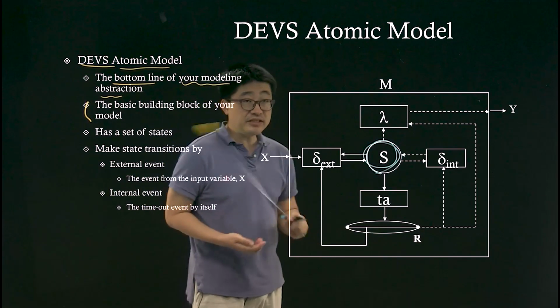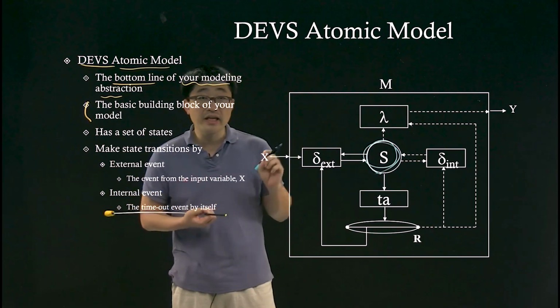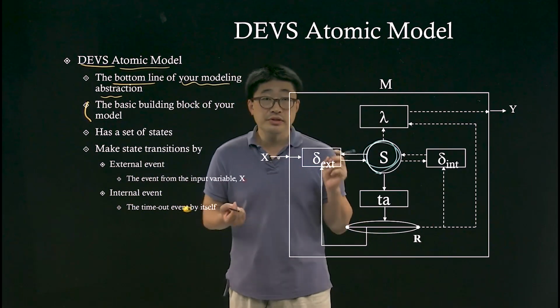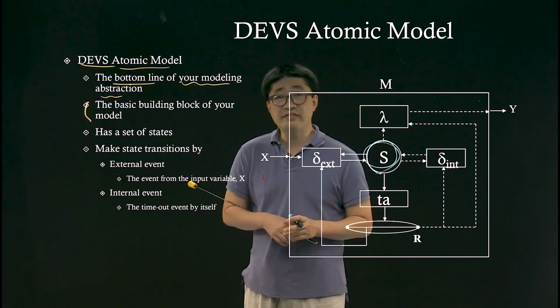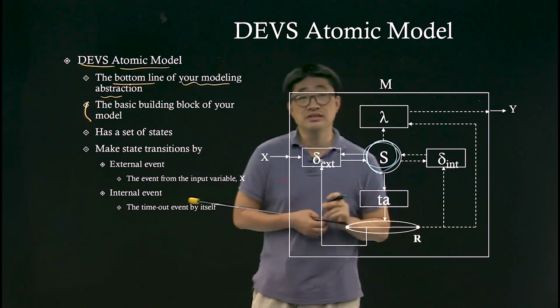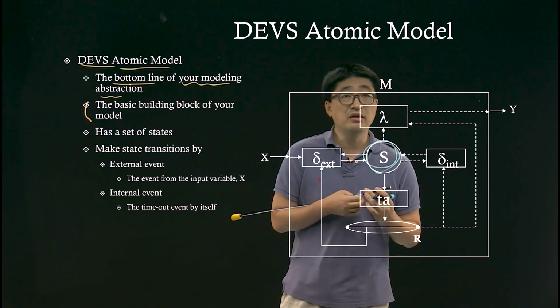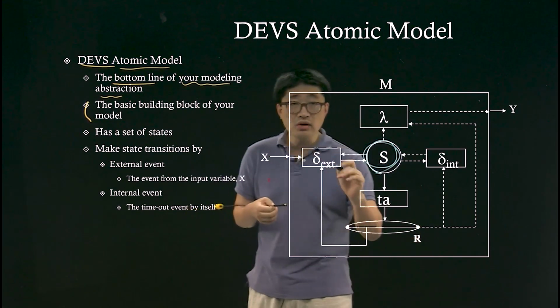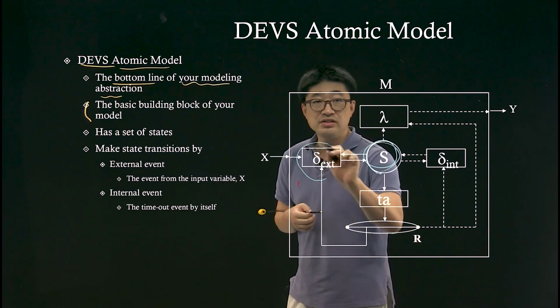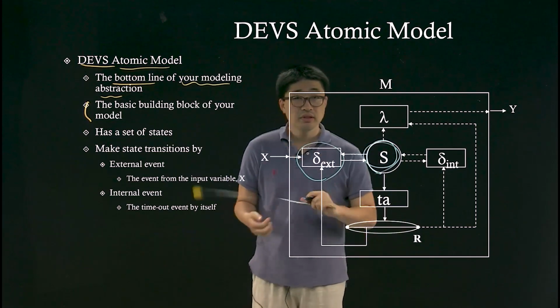S is defined, and in traditional models, like Moore machines, finite state machines, or serial automata, transition machines only take the external transition.